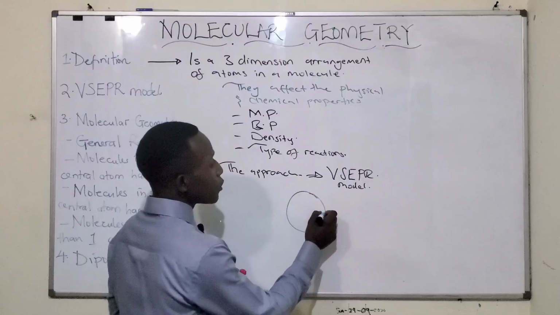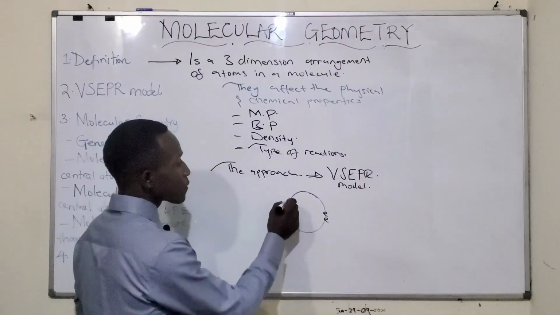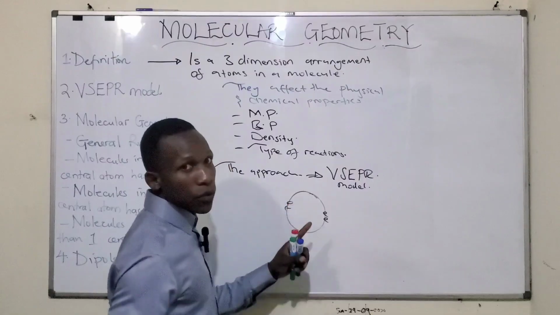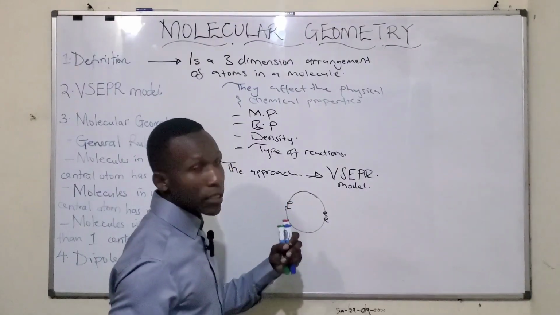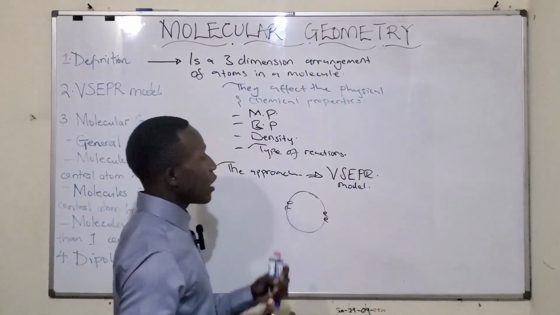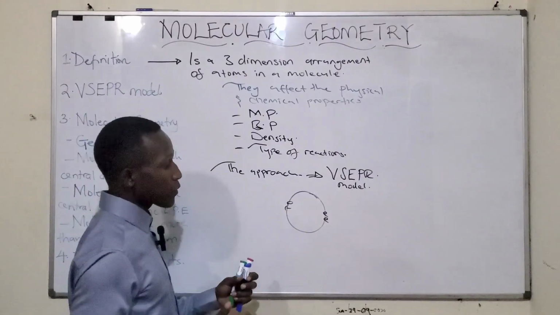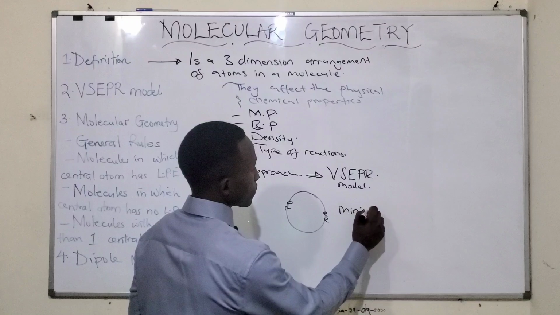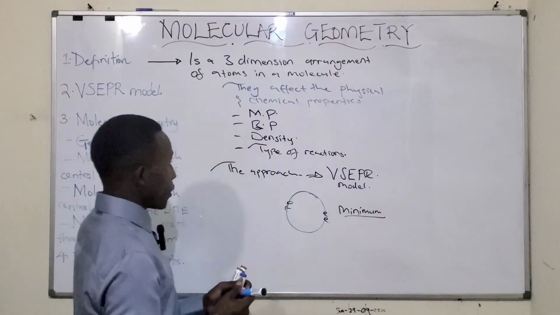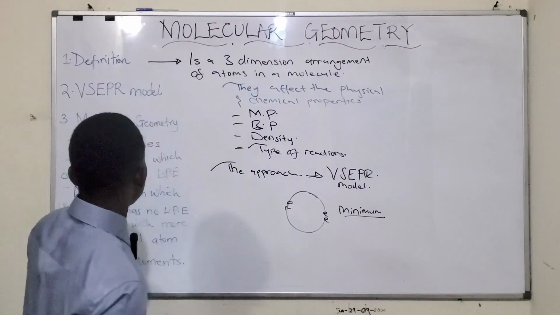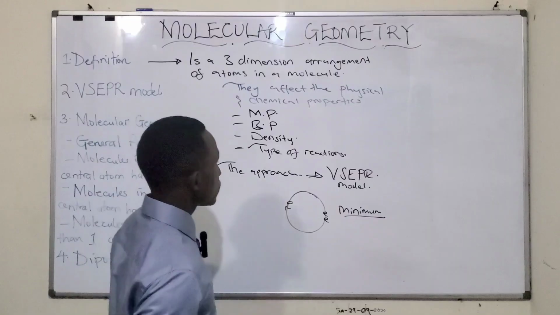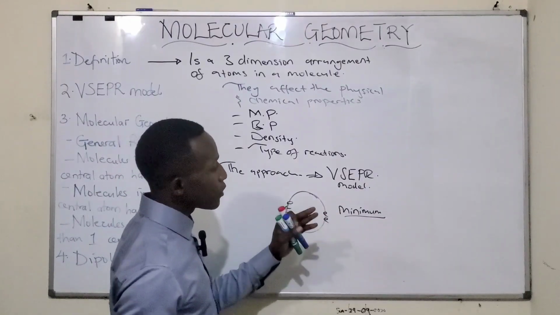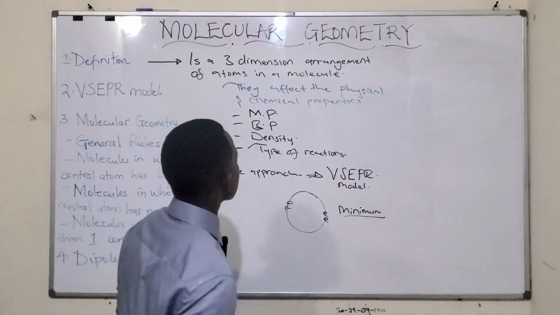These electrons repel themselves because they have the same charges. So they tend to repel themselves maximally, such that the molecule can gain a stable arrangement where the repulsion is minimum. We are going to see all that here in molecular geometry. So the electrons repel themselves maximally such that they reduce the repulsion.